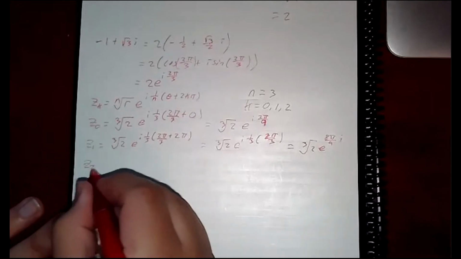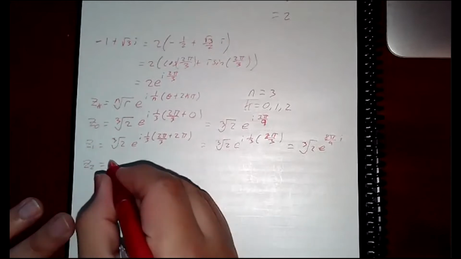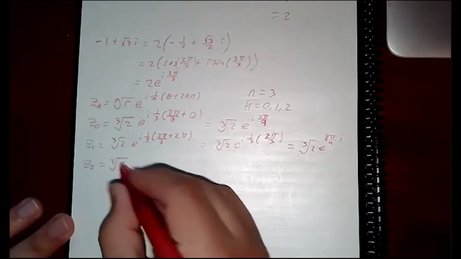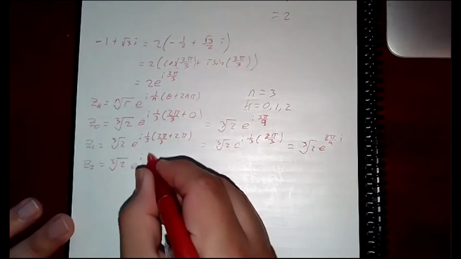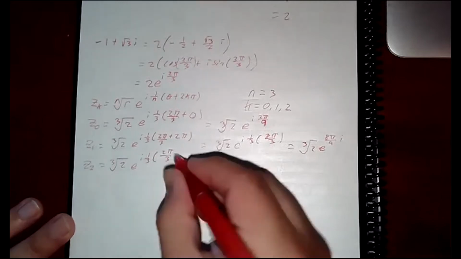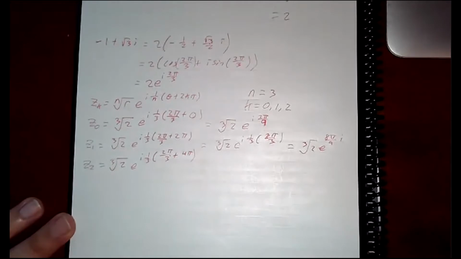The last guy here. The last in the cycle, the last root, k is 2. So cube root of 2 e to the i 1/3 times 2 pi thirds plus 4 pi.